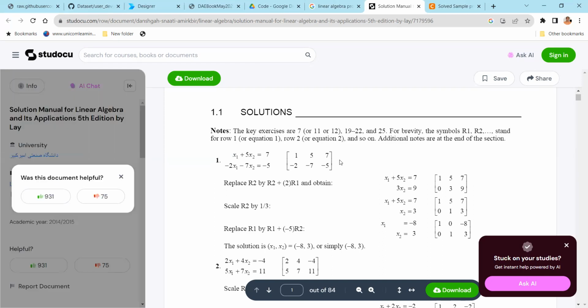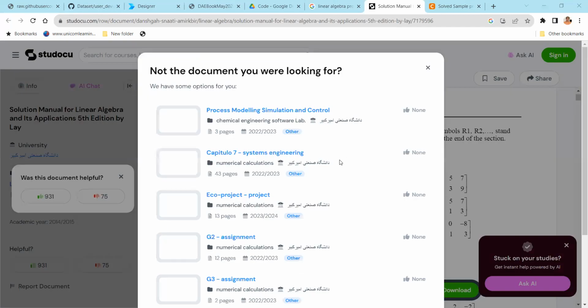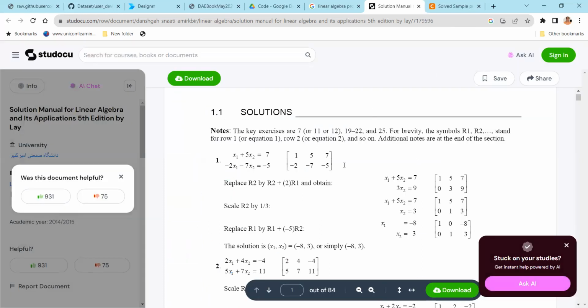So let me write it down. Linear algebra. x1 plus 5x2 equal to 7.